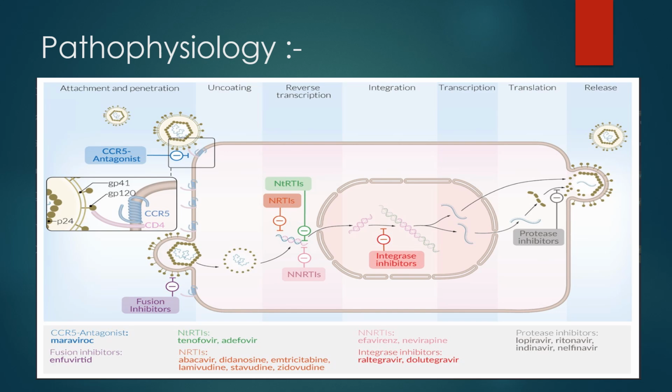In this process the reverse transcriptase enzyme is required, and then the DNA is formed. The DNA enters the nucleus via the nuclear pores, and then it undergoes integration via the enzyme called integrase. We have discussed the Pol gene, which has protease, integrase, and reverse transcriptase.